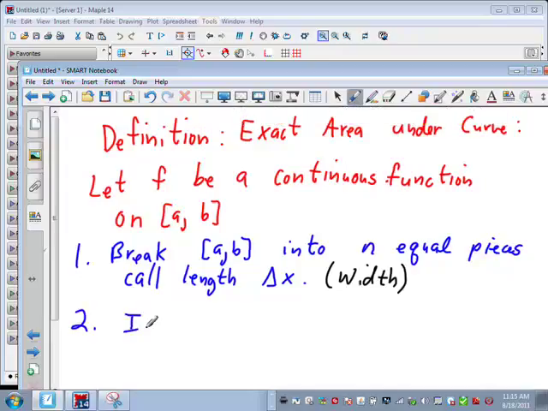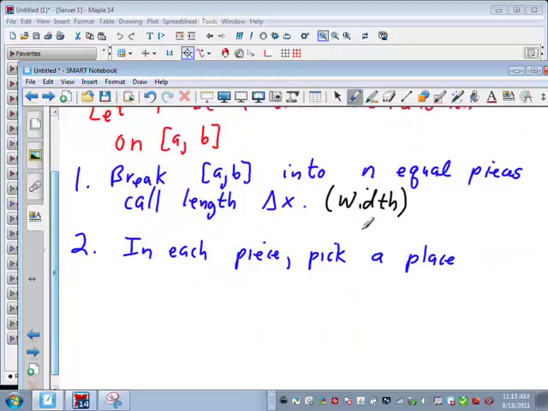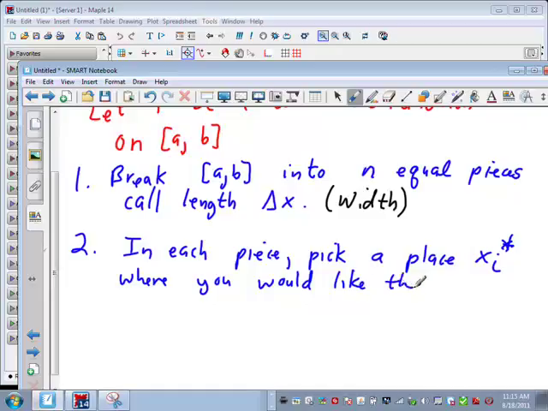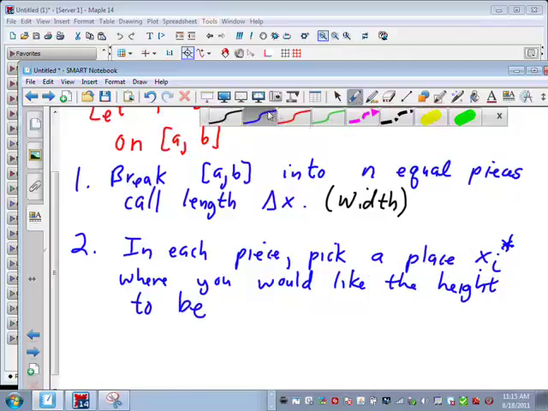So in each piece, pick a place x_i star where you would like the height to be. That was the next thing that we did. That gives us the height.